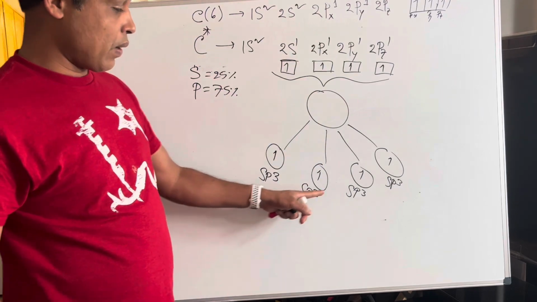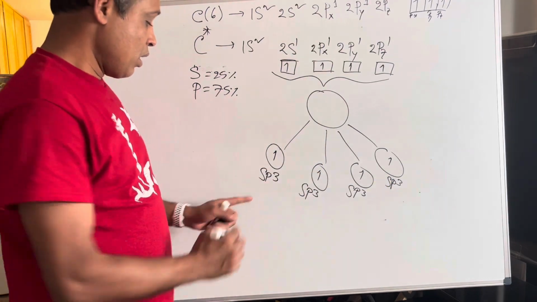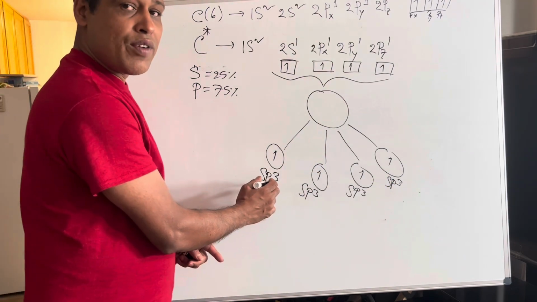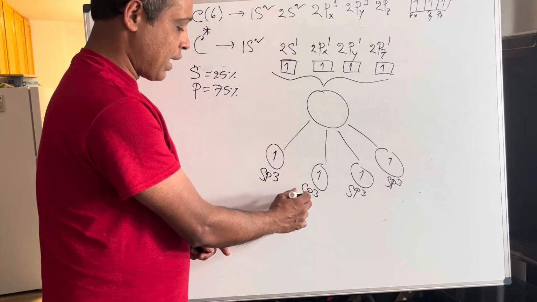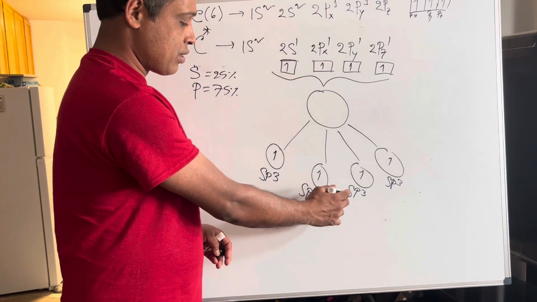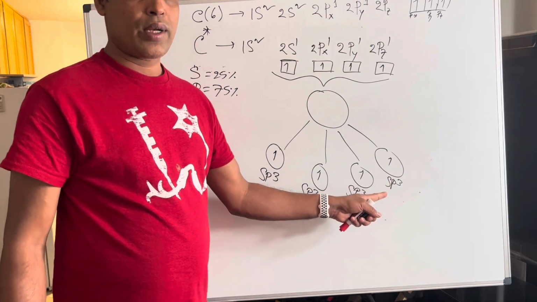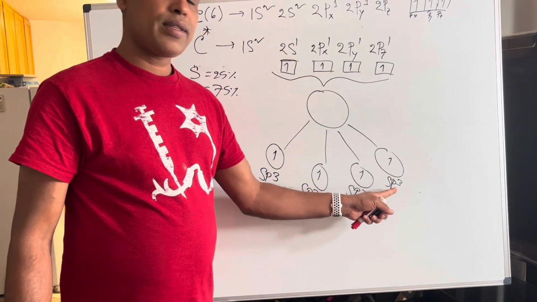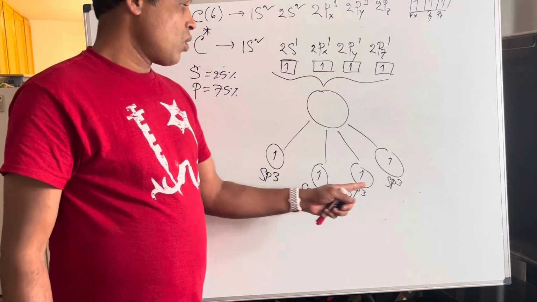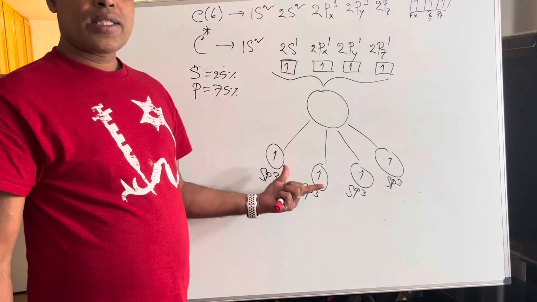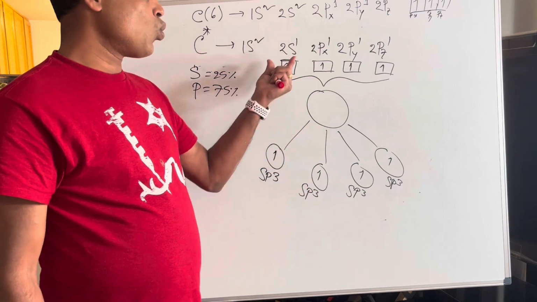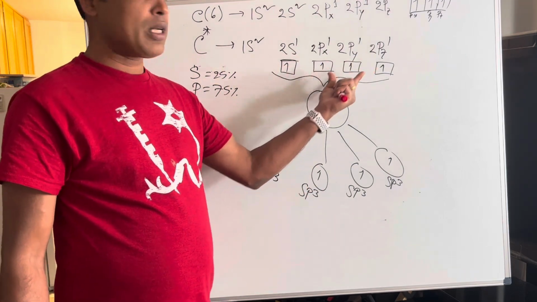So each sp3 orbital is 25% s, 75% p. This is called sp3 hybridization, because one s orbital and 3 p orbitals mixed together.